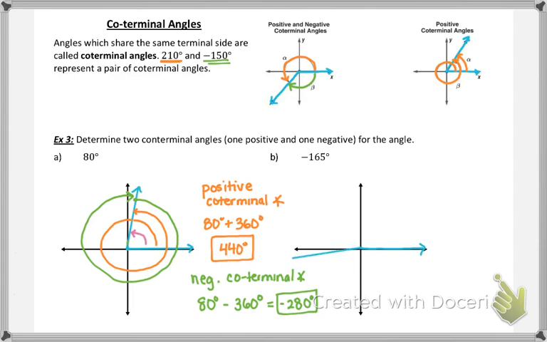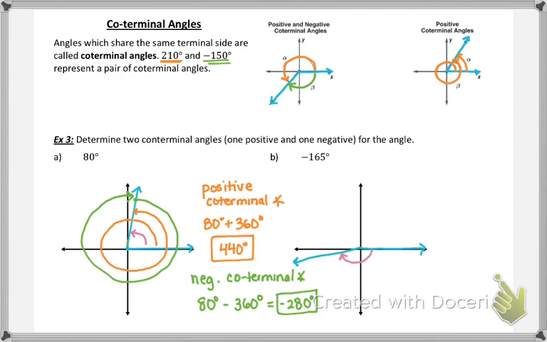So about here. It won't let me draw it, so I'm just going to do it by hand about here. That is my angle. That is negative 165 degrees, 15 degrees away from negative 180.